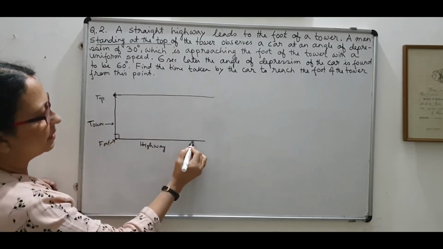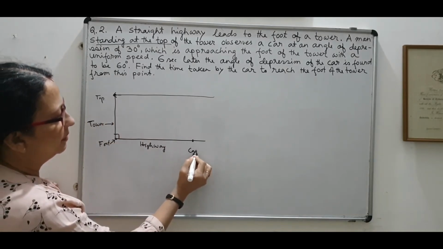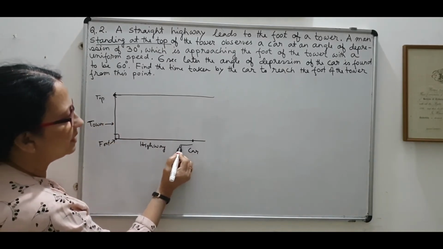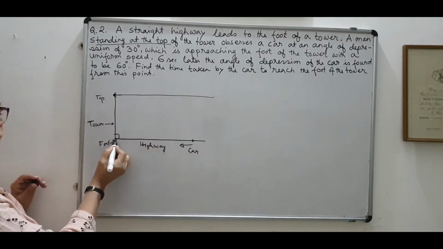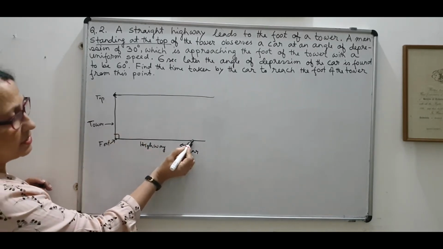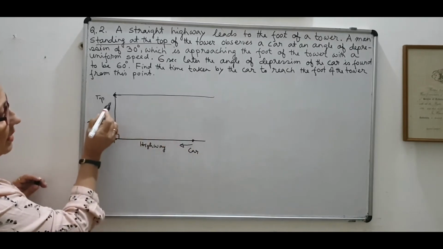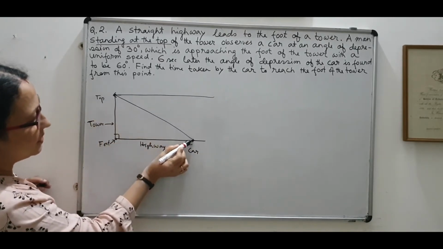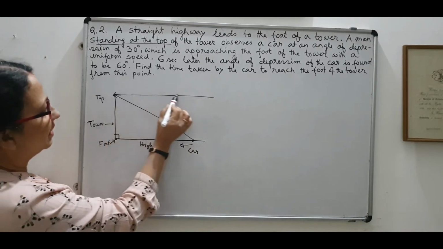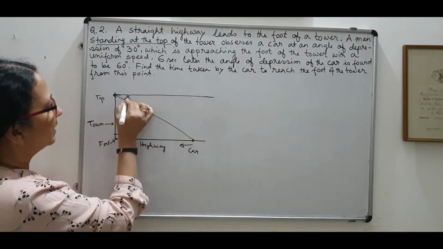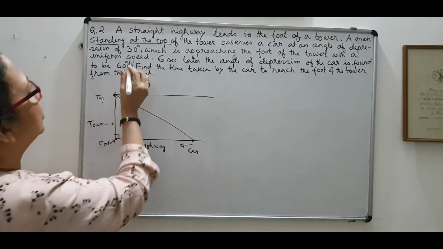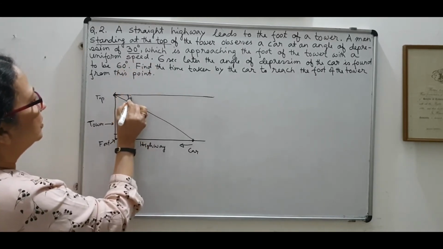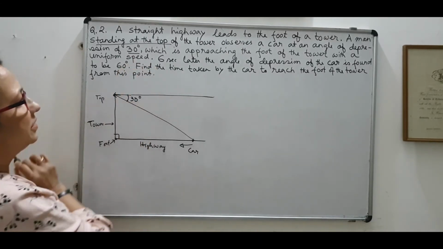So suppose here is the car, which is moving in this direction, moving towards the foot of the tower. So at this instant he observes the car, so the line of sight joins the eye with the object. So this is the line of sight, and this is the horizontal line. So this will be the angle of depression, and according to the question this is 30 degree.